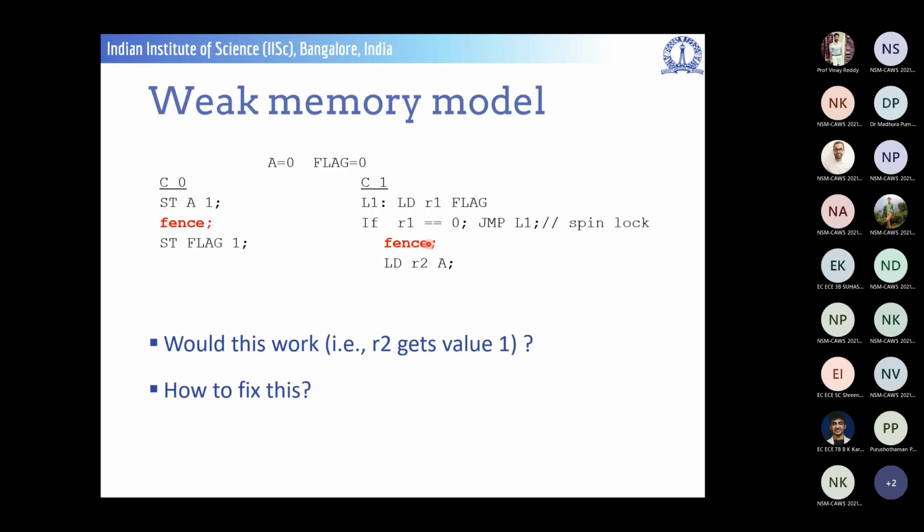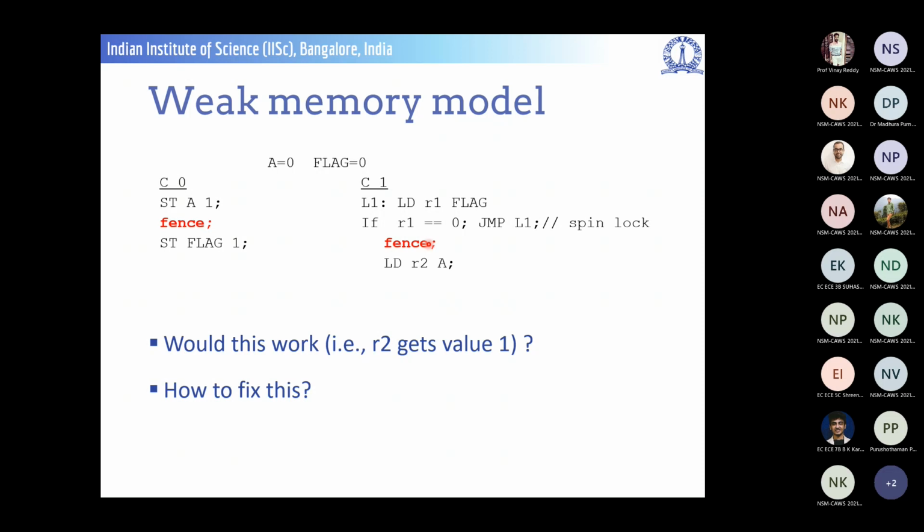You can see what the programmer's intention was with this flag variable and so on. It worked fine on sequential consistency and TSO. As soon as I took it to a weak memory consistency model, which allows all the reordering as long as they are to different addresses, you have to put this fence instruction. Otherwise, there is no guarantee.